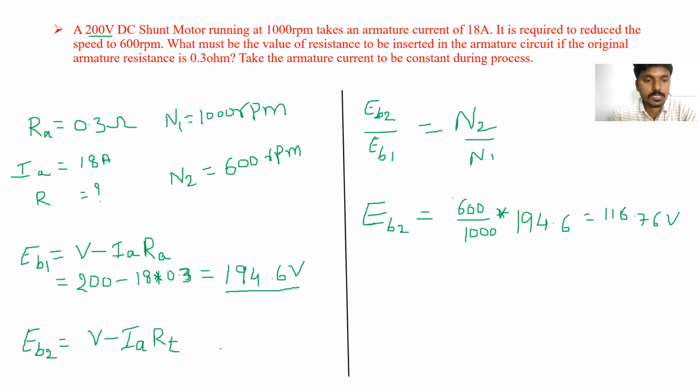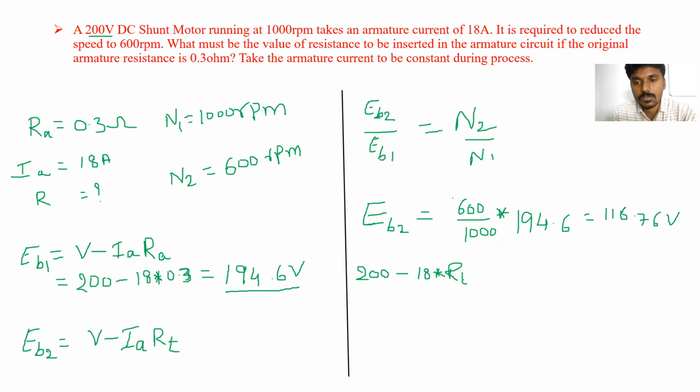But here what we have to find out? We have to find out the RT. So we know the formula, EB2 is nothing but V minus IA into RT. So V is 200, minus IA. What is the value of IA? Armature current is constant throughout the period, no? IA into RT.